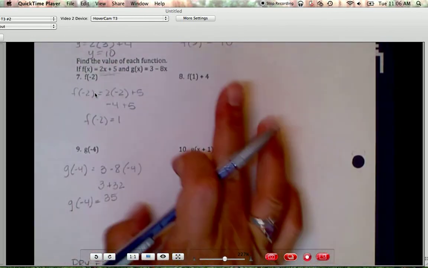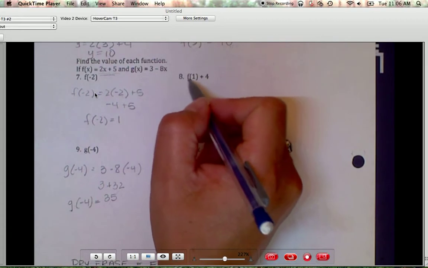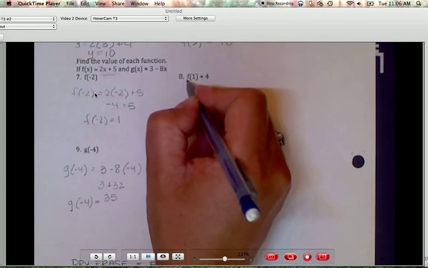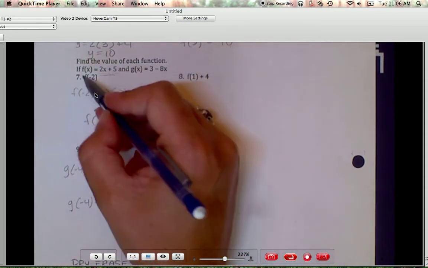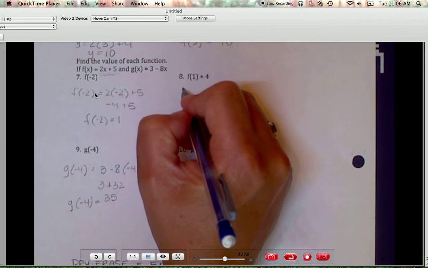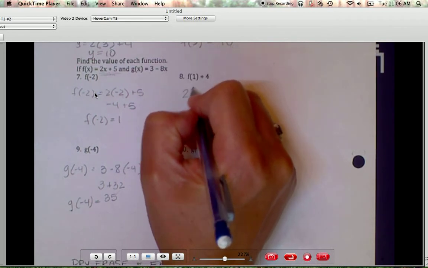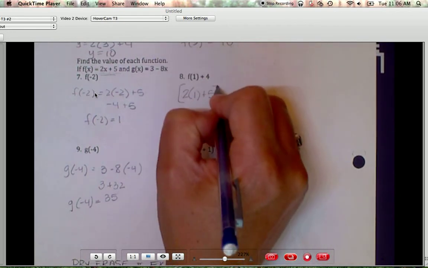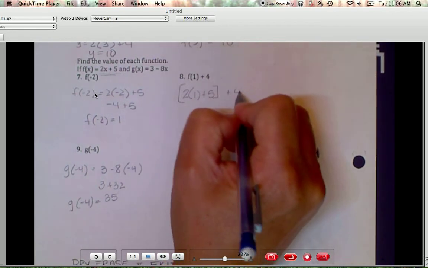How about these two, 8 and 9? This says f of 1 plus 4. So what you're going to do is find the value of the function at 1, f of 1, using the f function. So f of 1 is 2 times 1 plus 5. This is f of 1, and then we're going to add 4 to it.